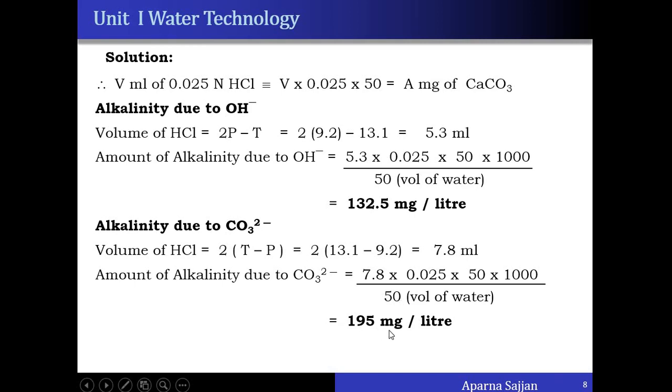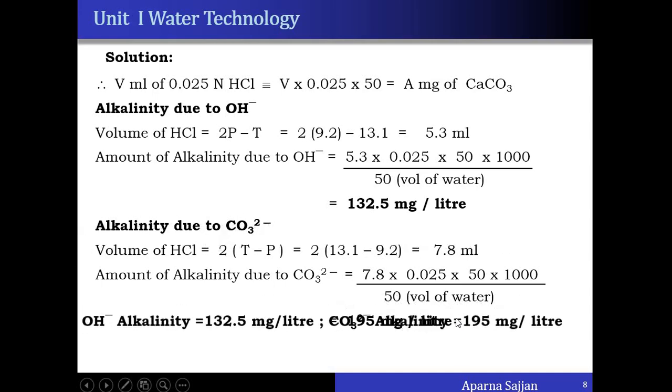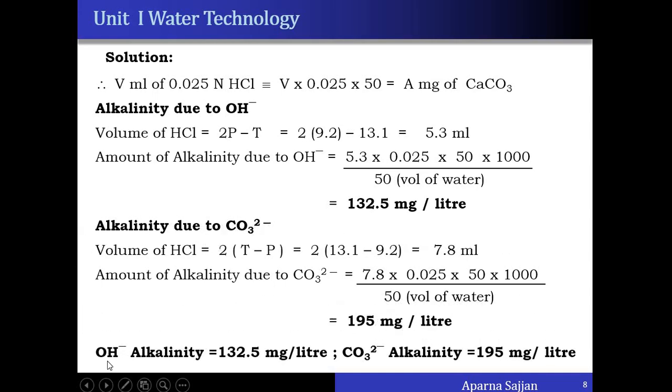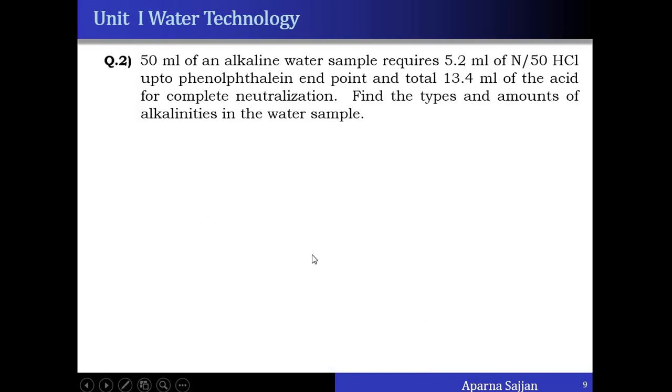The answer comes to 195 milligrams per liter. So lastly, you have to mention the types of alkalinities present: hydroxide 132.5 and carbonate 195 milligrams per liter.